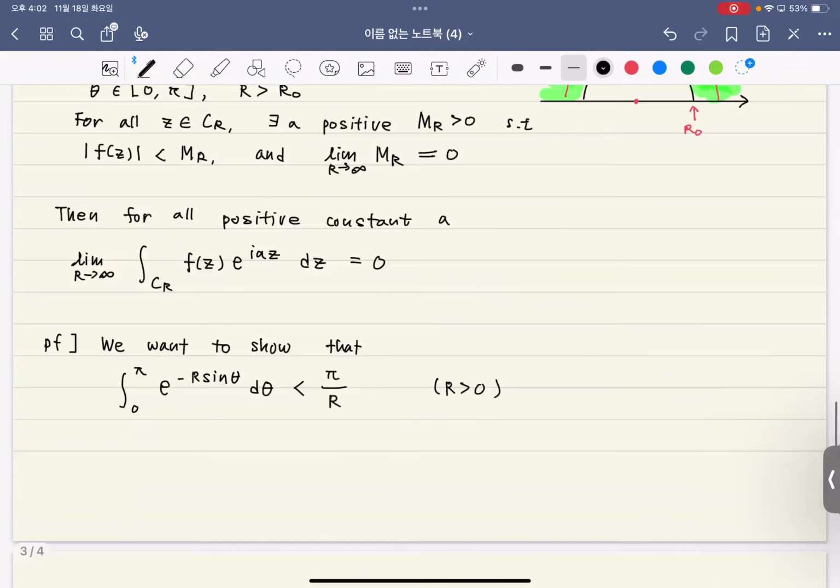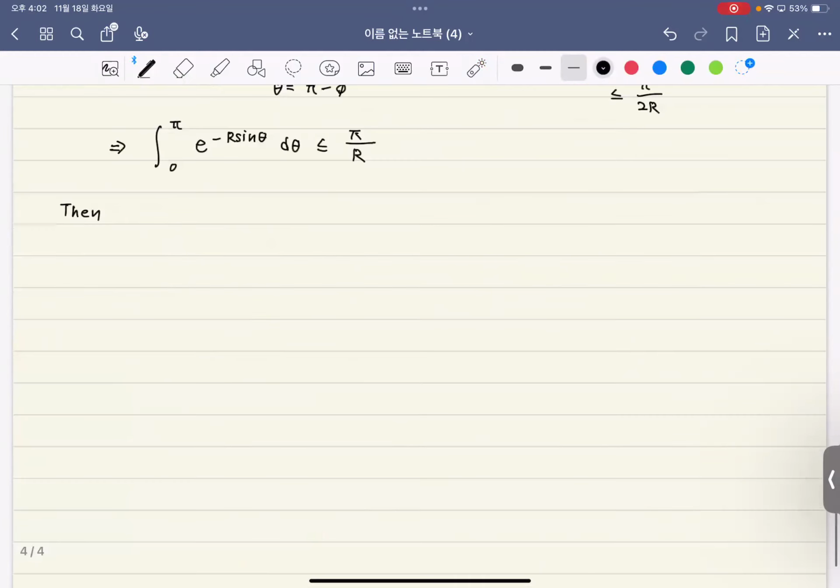Then, what am I supposed to prove? I am supposed to prove that this guy is tending to 0. So the integral over C_R of f of z e to the i a z dz is what?